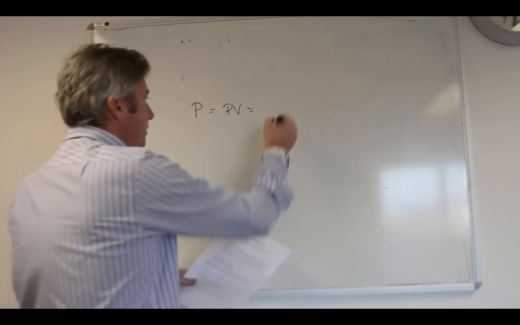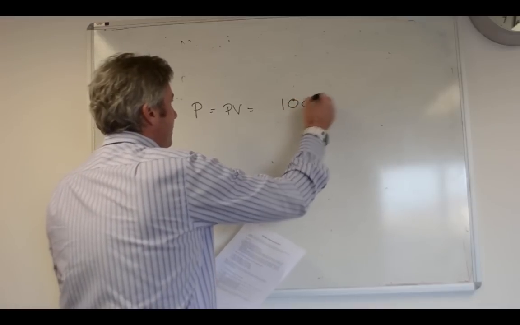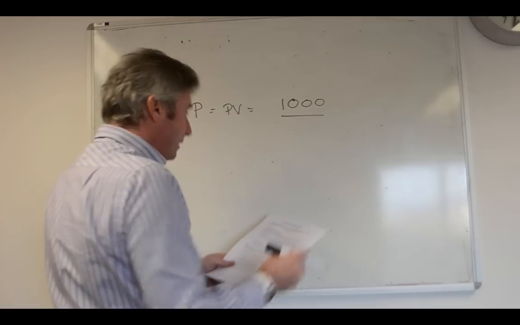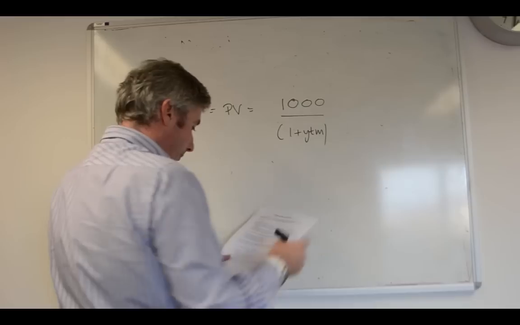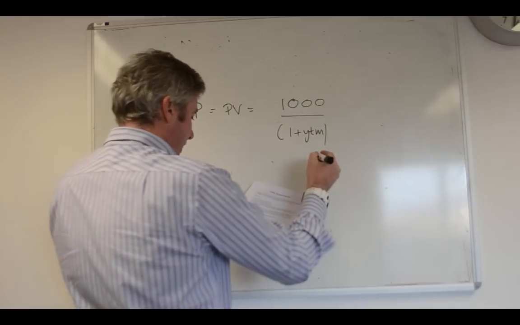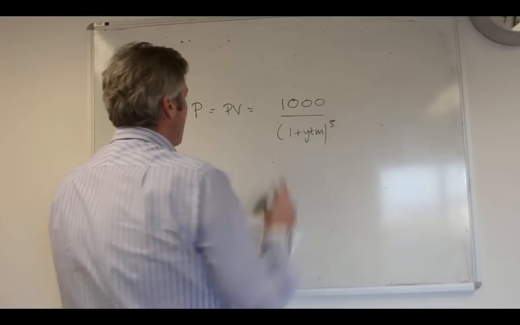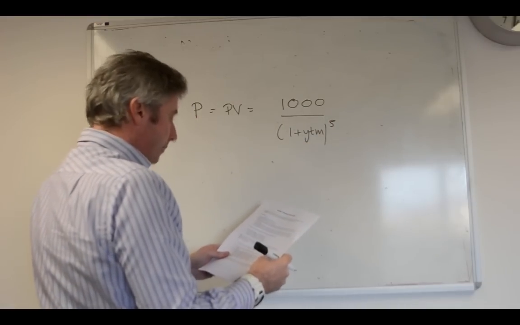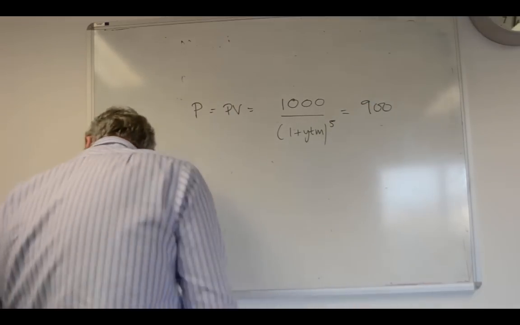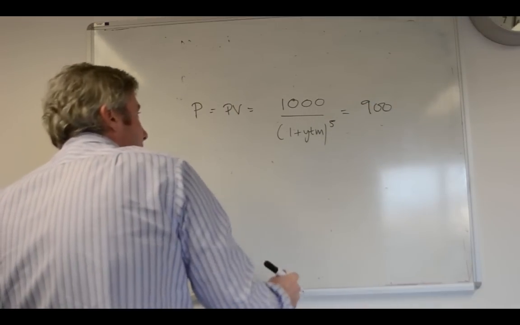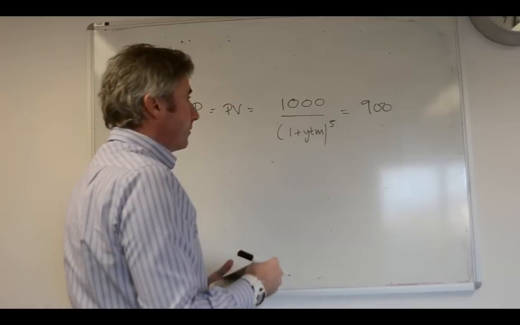a par value of 1,000, so 1,000 divided by the yield to maturity. It's got a maturity of 5 years, and we observe that its current price is equal to 900. So effectively we're looking for the yield to maturity that equates this to this.